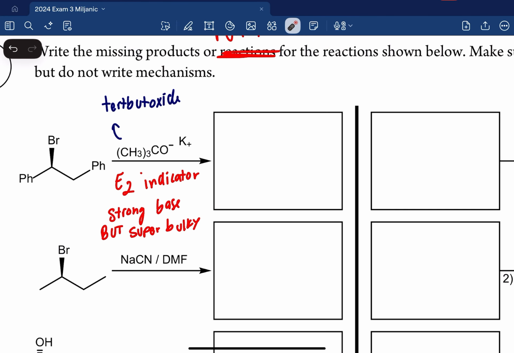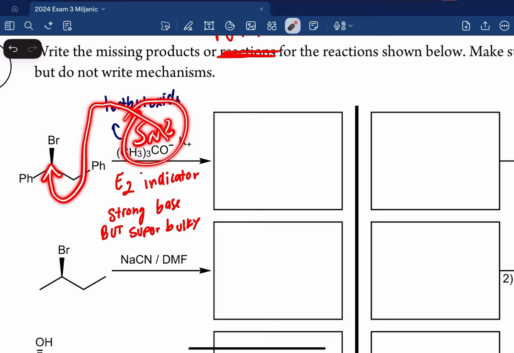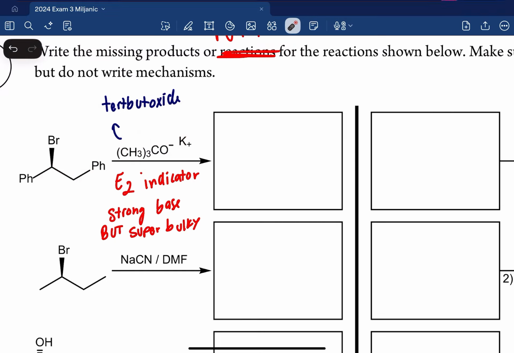So ask yourself, if this was not bulky, what other reaction type could this do? So it could do SN2. But the thing is, this is so large that it cannot fit here. This is just way too big, unfortunately. So that's why this is just going to do E2.